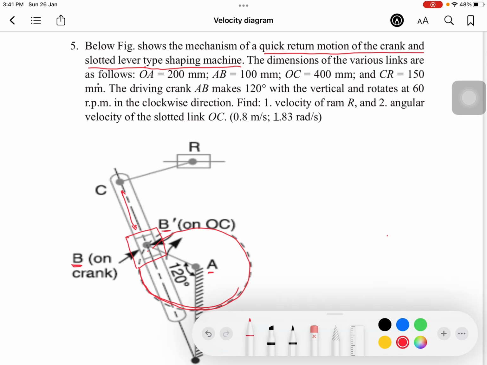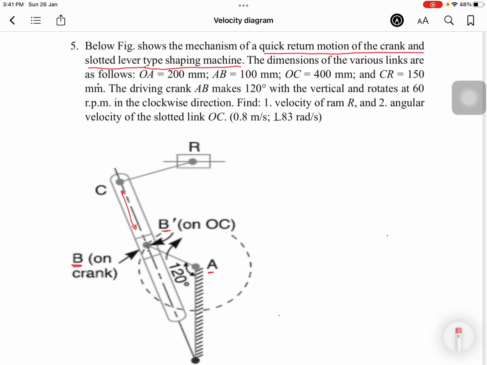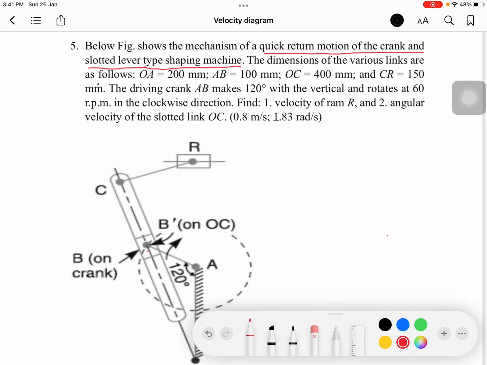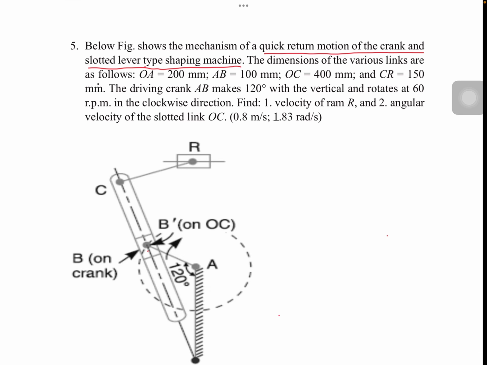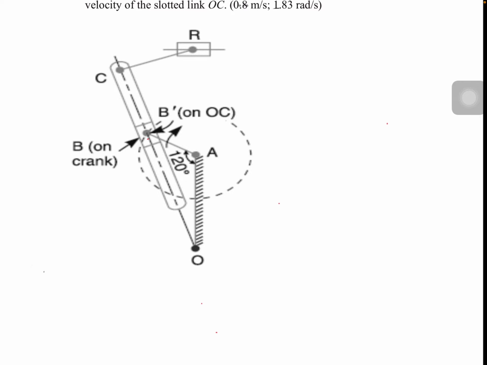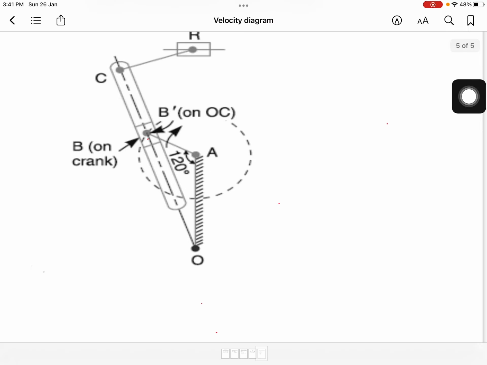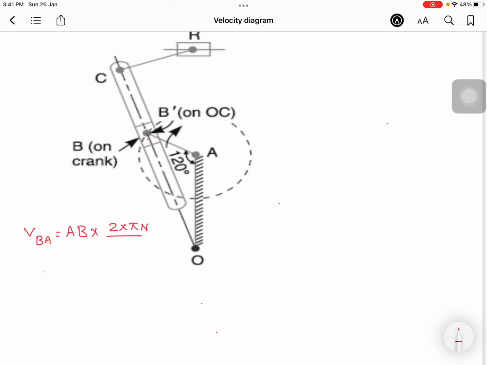First we will find out the linear velocity of the crank, which is AB. If you see here, the AB value is 100 mm and it rotates at 60 rpm. Velocity of B with respect to A is equal to AB into 2 pi n by 60.